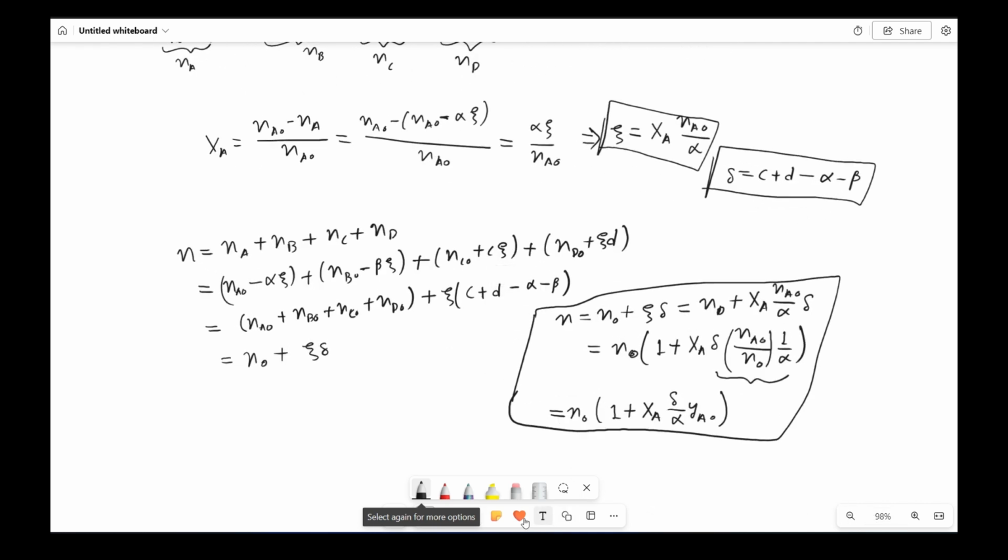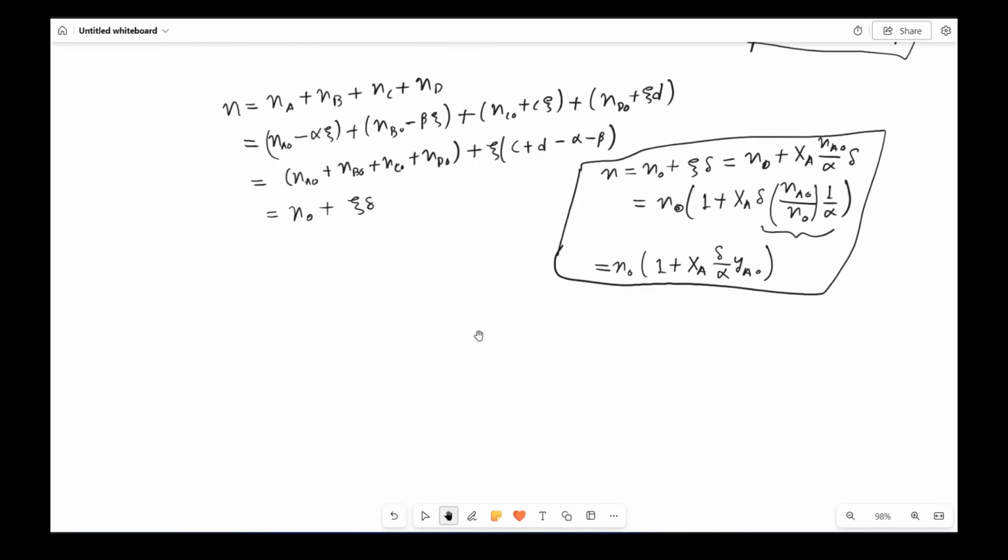Now, let me write it properly. So this expression: n is equal to n naught, 1 plus xa into delta by alpha into ya naught.